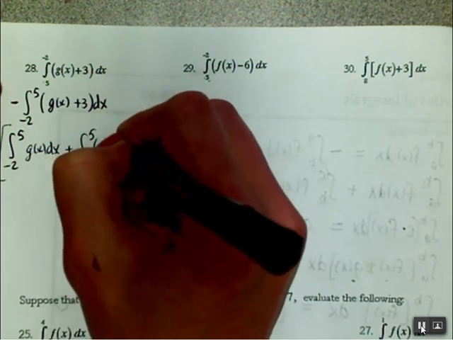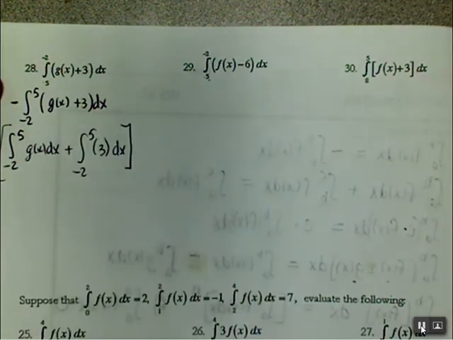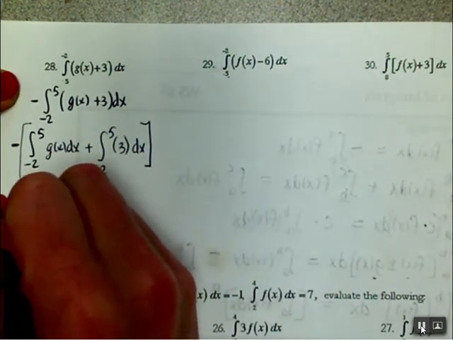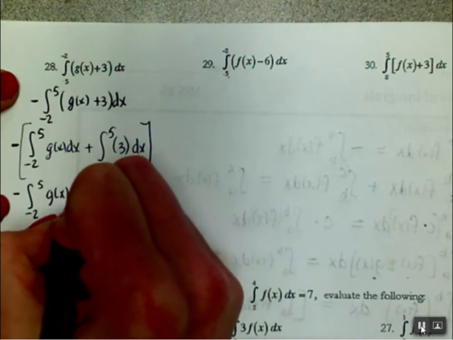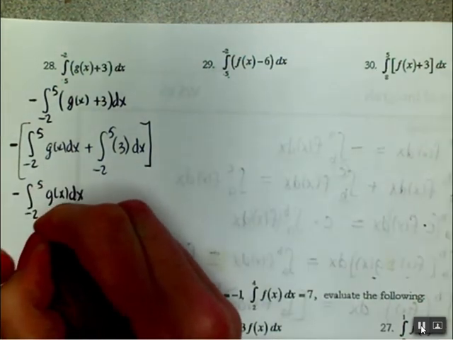See the grouping symbols that I left? That negative applies to both integrals. Negative 2 to 5 g of x dx. Okay, so if I look that up, it is positive 5.